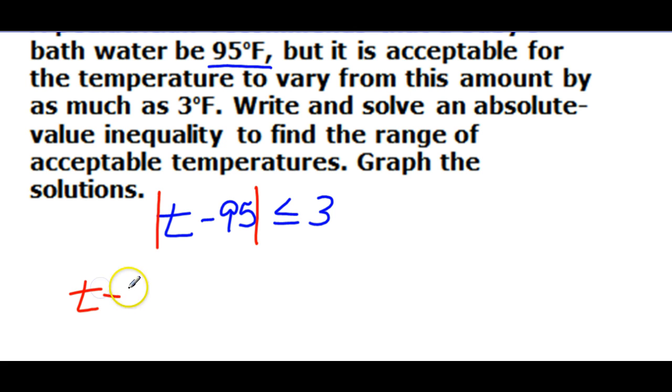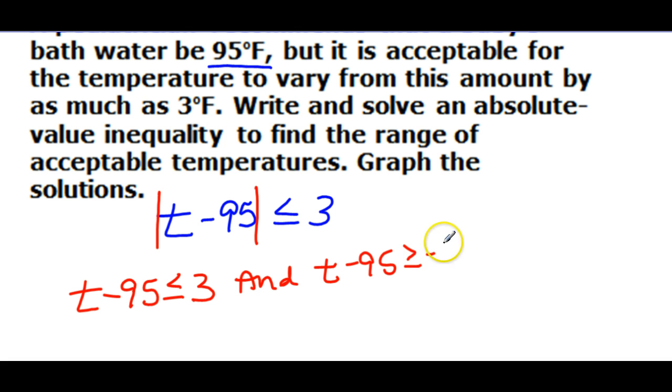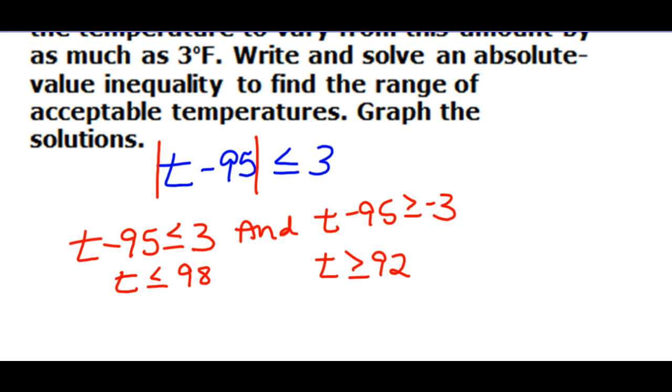So I've got T minus 95 is less than or equal to 3, and T minus 95 is greater than or equal to negative 3. Solve these. T is less than or equal to 98. T is greater than or equal to 92. So that basically means the bath water has to be somewhere between 92 and 98 degrees.